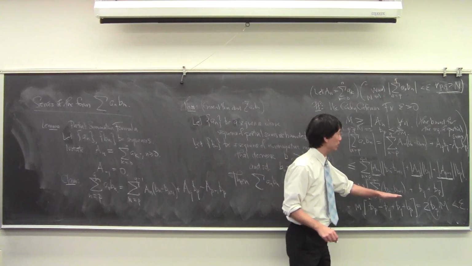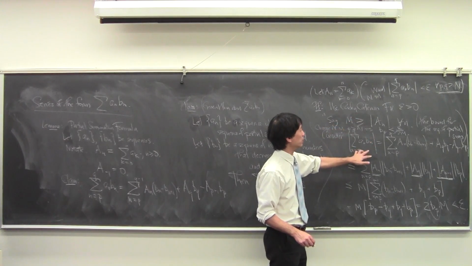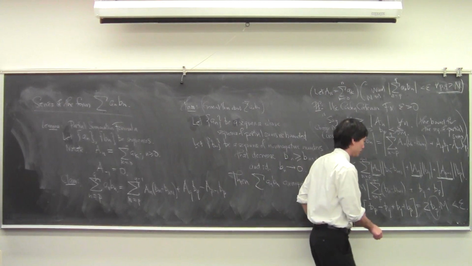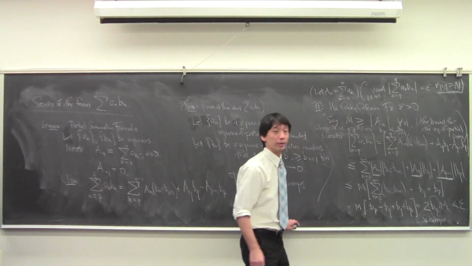And so this thing is smaller than epsilon, and so you see that the series satisfies the Cauchy criterion, right? So it converges by the Cauchy criterion.